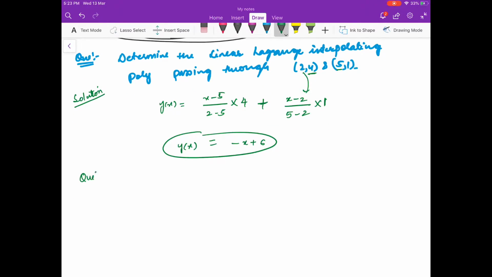The question is, you have these data points: 2, 1 by 2; 2.75, 1 by 2.75; and 4, 1 by 4.